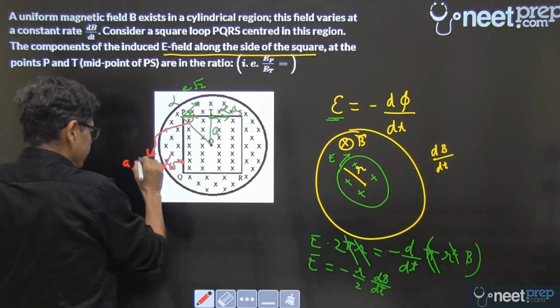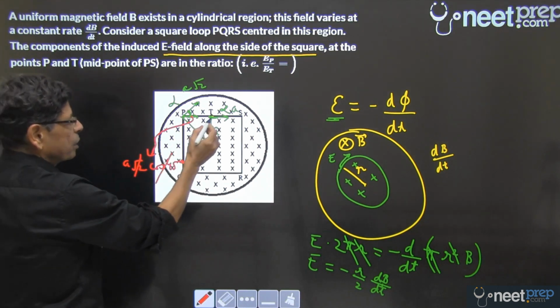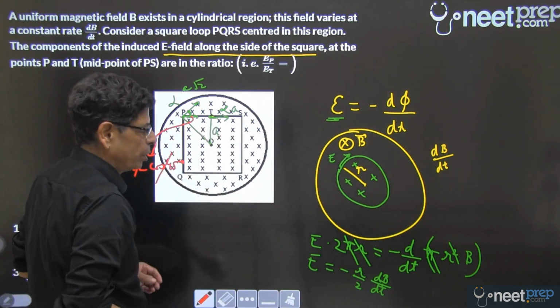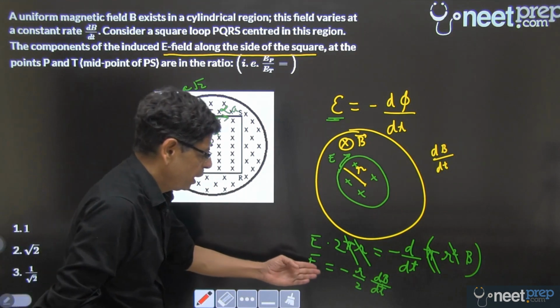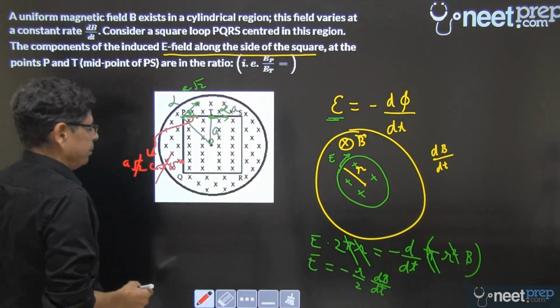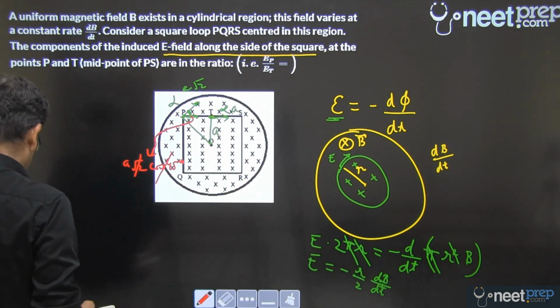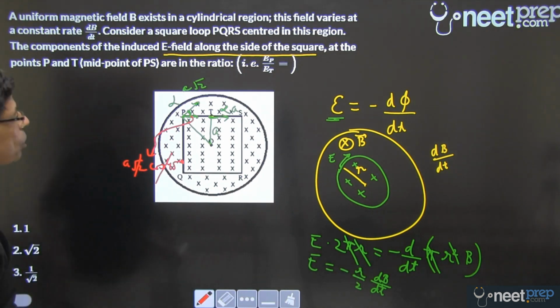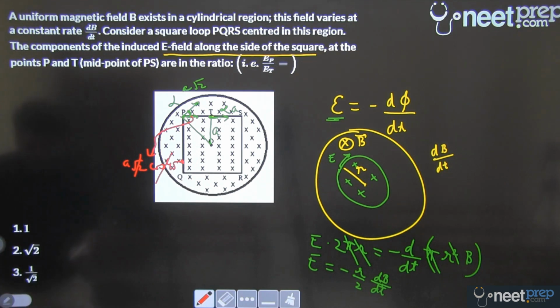Now that cancels with this, and so each one is the same. They are both proportional to a. So essentially each one is minus a by 2 dB by dt, and so the fields are equal. So which option are we to select? Option 1.